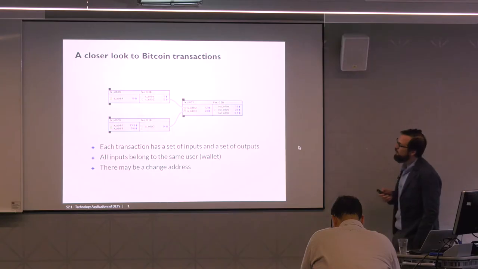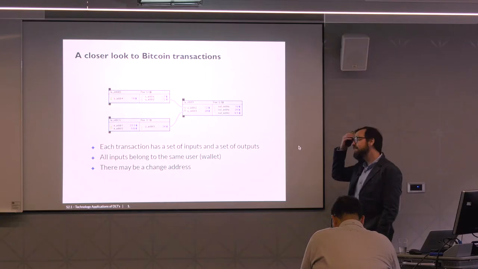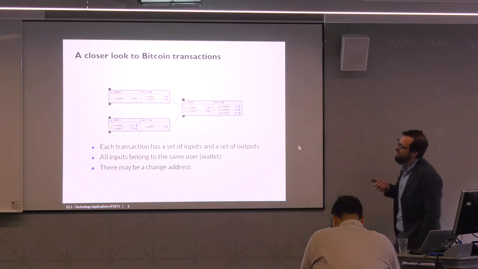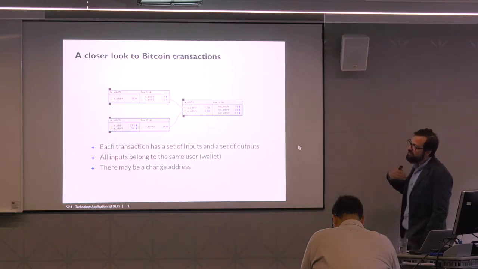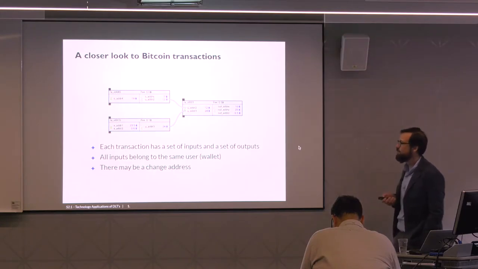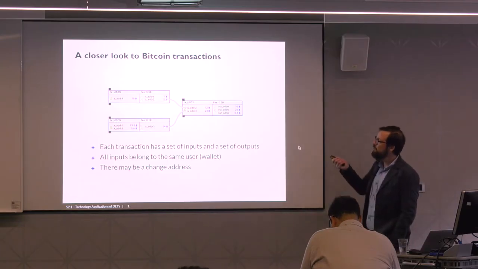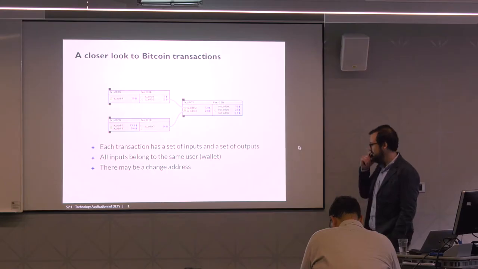And this is where things become complicated, because it is very unlikely that in your past history you received exactly the amount of Bitcoins that you want to spend in a transaction. So it is very unlikely that you exactly want to spend 36 Bitcoins in these transactions. Actually, the most likely thing is that you want to send a few Bitcoins to different addresses.